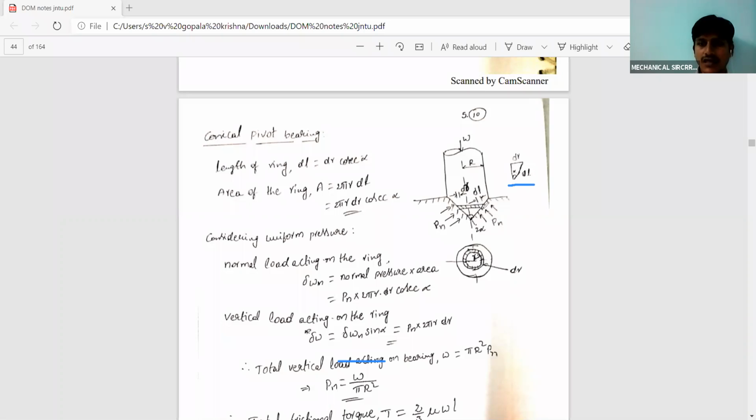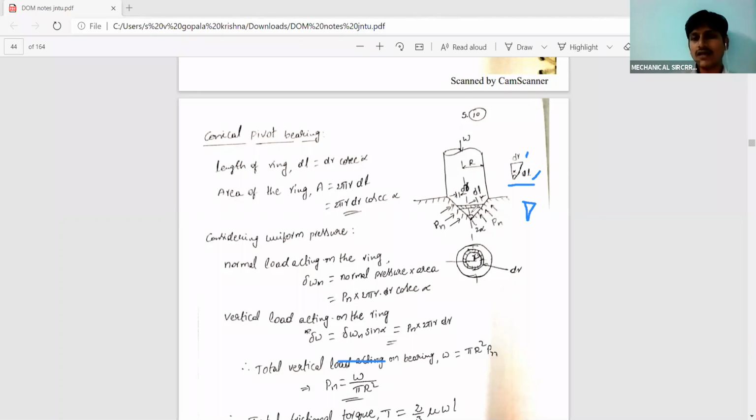So for getting the length of the ring, from this triangle we can calculate the dl value.